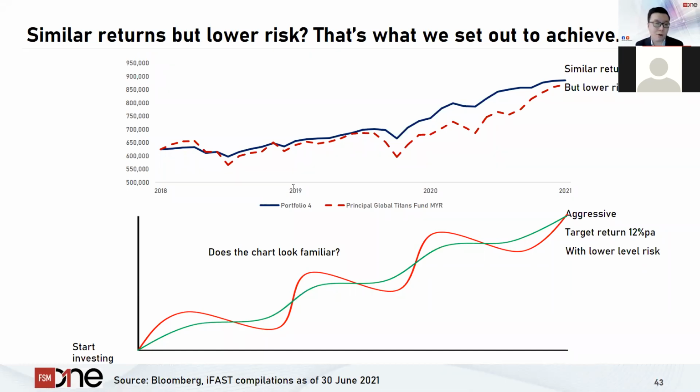Then you have the core bond part. After that, you add on supplementary positions into sectors that you like, but you don't add too much. You add a few percent into technology, a few percent into China A, and so on. So the core portfolio typically would have global equity, Asian equity, Malaysia equity, and Malaysia bond.